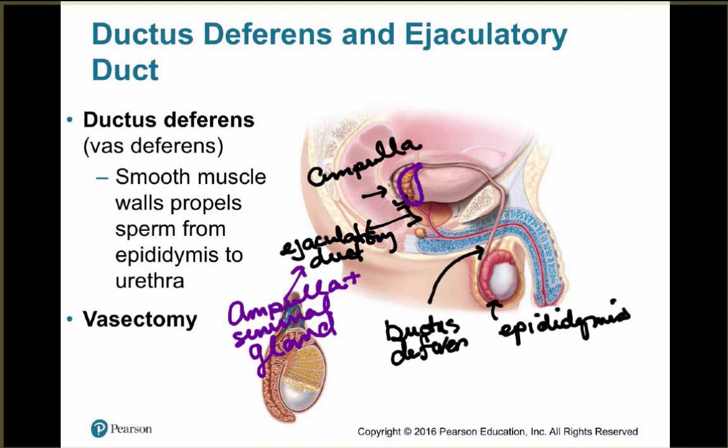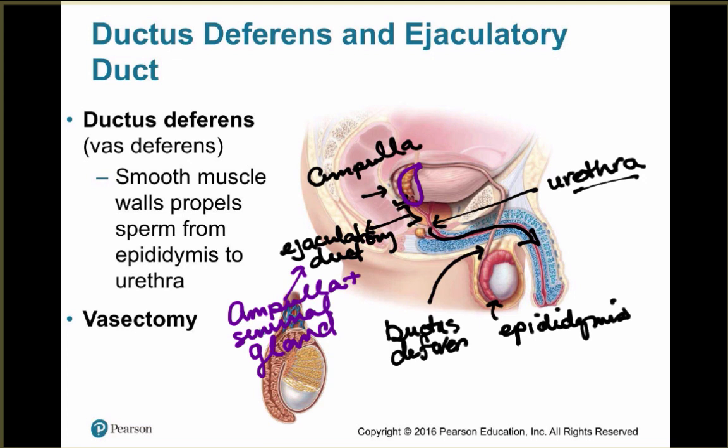And then from there, they're going to go into this part right here, which is known as the urethra. I'm going to show you in a bit that as the urethra goes down here to exit, it is subdivided into several different parts. We're going to get to that in a second, and I'll show you a little bit.